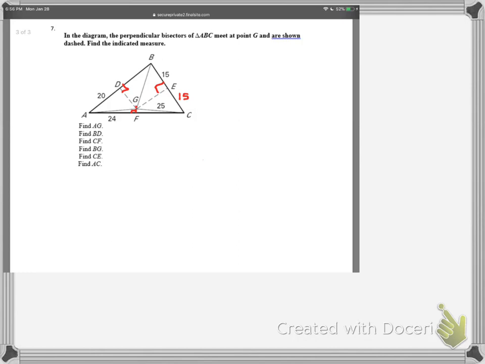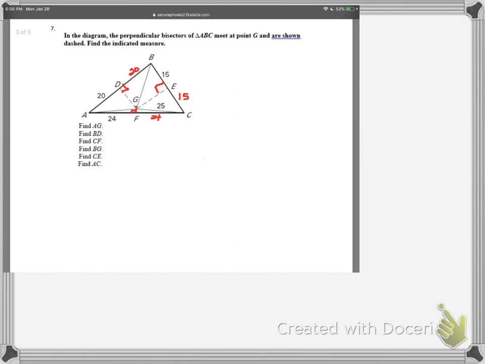If AF is 24 and I know that AC has been bisected, then FC is also 24. If the segment BA has been bisected, which I know it has from what is written above, and AD is 20, then since it's been bisected, DB is also 20.